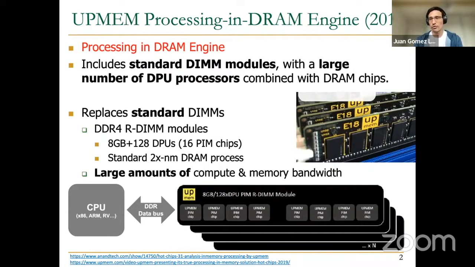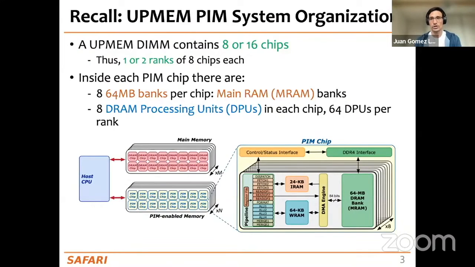This is a DDR4-based architecture where the DIMMs contain typically 8 or 16 chips, and inside each of the chips we have, in the current generation, 8 DRAM banks, and near each of the DRAM banks there is a DRAM processing unit, or DPU. These DPUs are in-order processors, and they have an in-order pipeline of 14 stages.